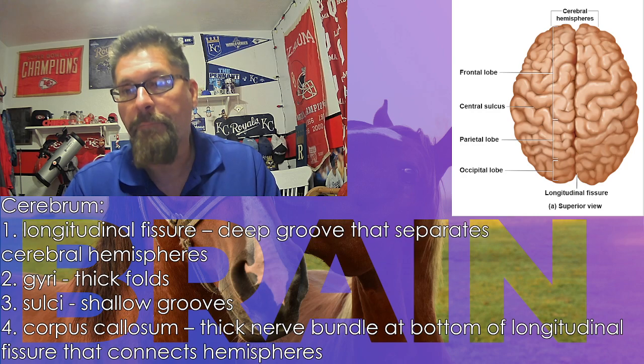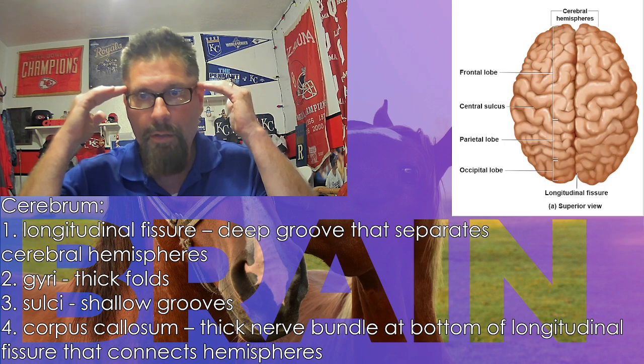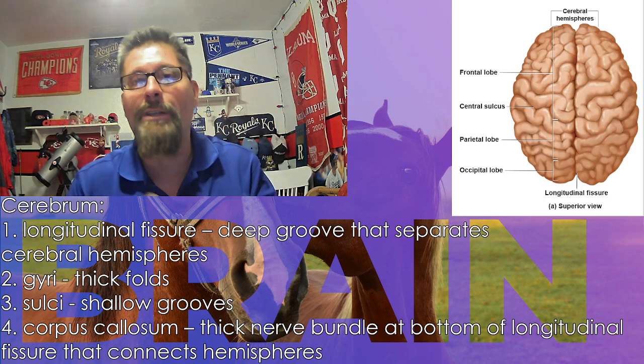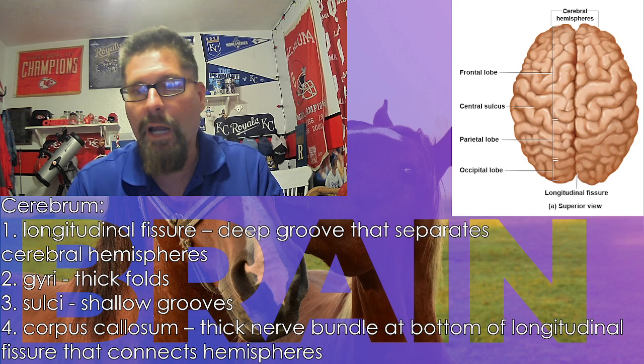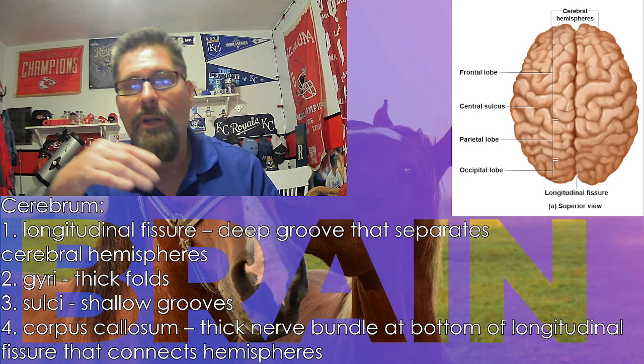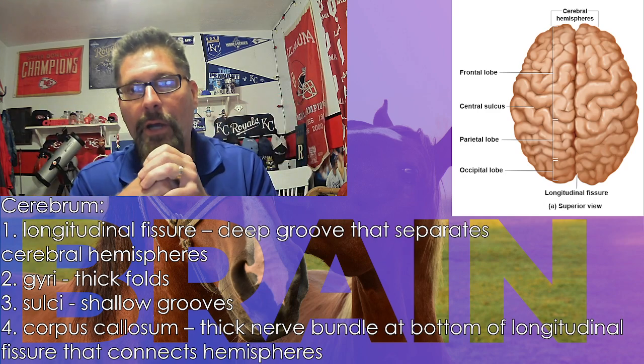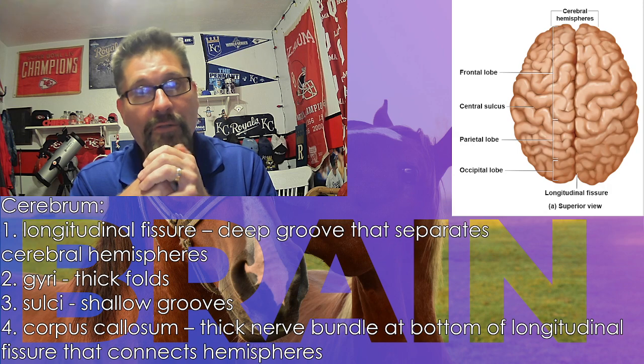Deep inside the brain is where the corpus callosum is, and these are thick nerve bundles that allow information to pass back and forth.